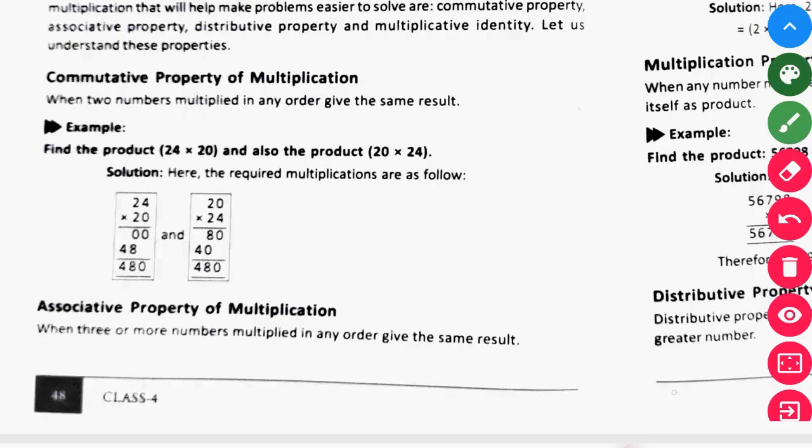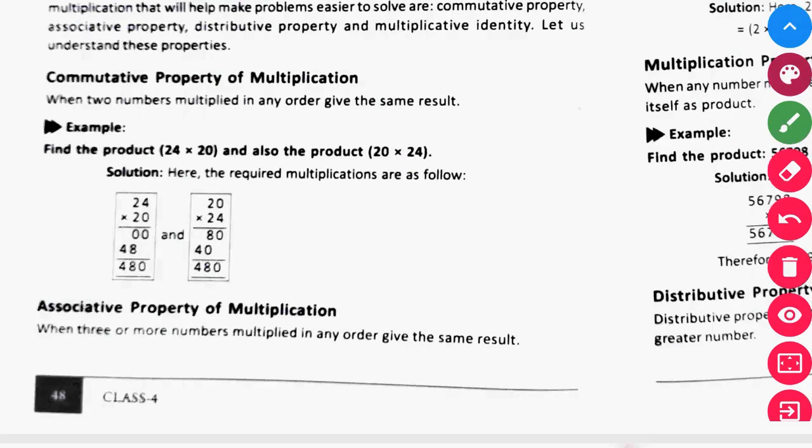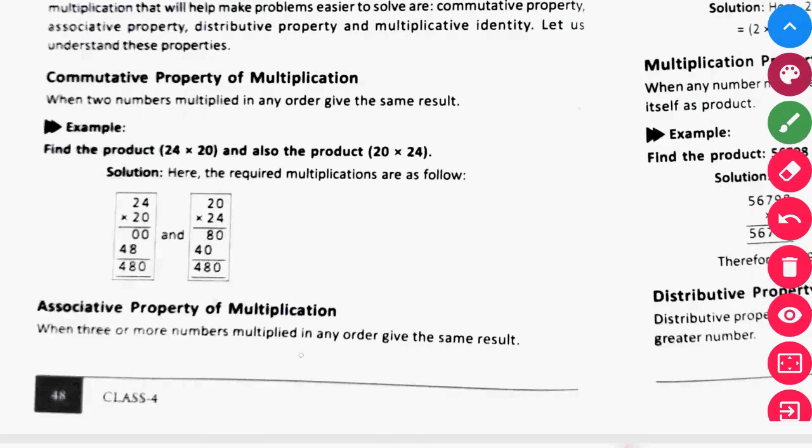Then the associative property of multiplication means that when more than two numbers are multiplied with each other in any order, they give the same result.